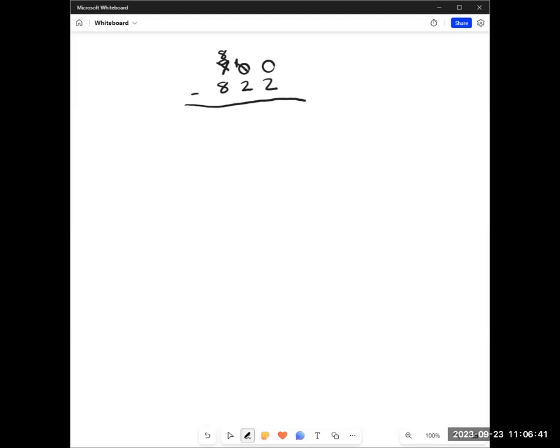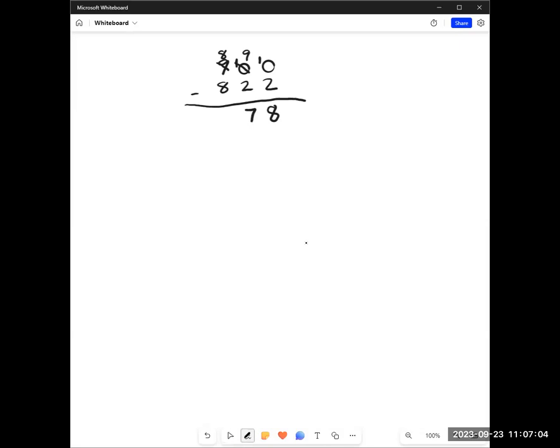Then I'm going to borrow from that 10 to make a 9 and have 10 ones. 10 minus 2 is 8. 9 minus 2 is 7. 8 minus 8 is 0, so I don't write a place value for that. And my answer is 78.